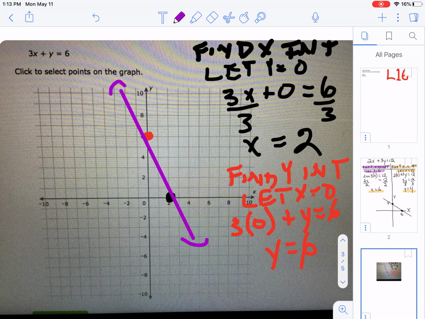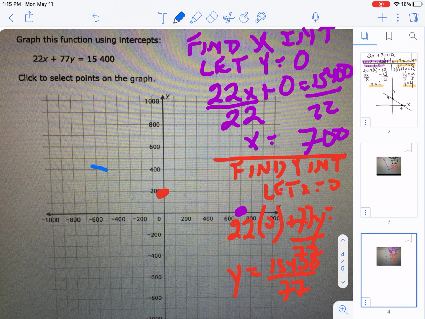So we divide both sides by 77. So that gives us y equals 15,400 divided by 77, which is 200. So we put a dot on the y-axis at 200.